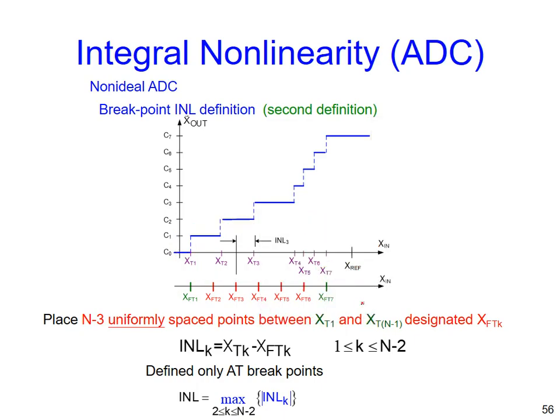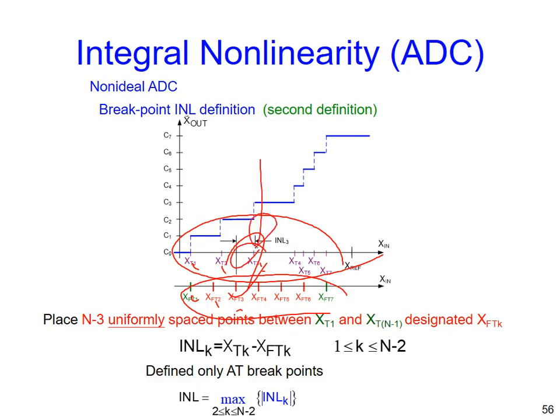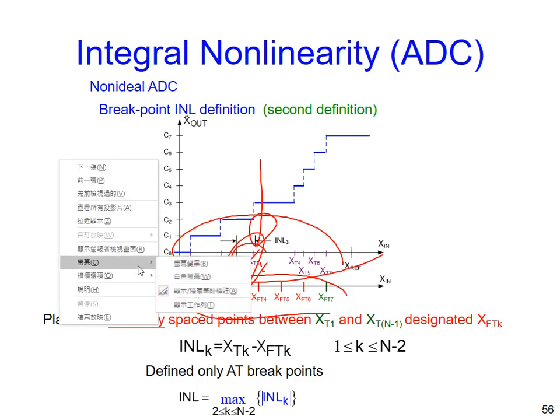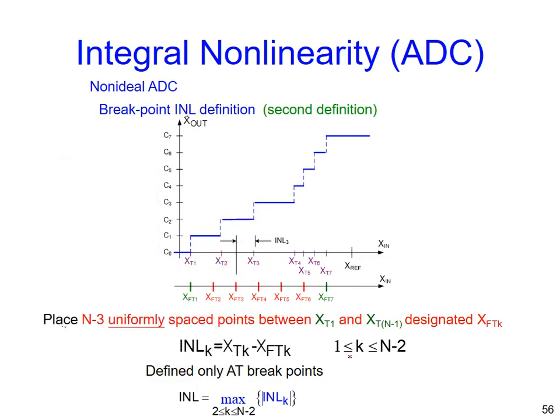So this is the ideal case, and that is the real case. So what is the error? The difference. You can see that is the first, that is the second, that is the third. The difference between the measured breakpoints and the ideal breakpoints is the definition for INL. Anyhow, you can still see the difference between INL and DNL. For INL, for example, how about this one?